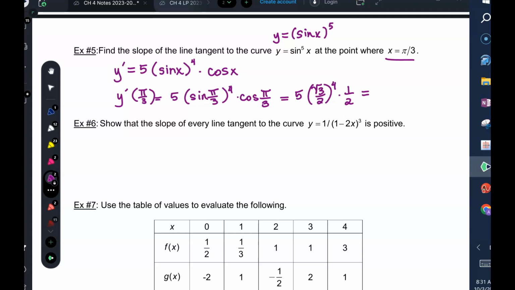What's root 3 to the fourth? 9. So 9 over 16. So when we multiply it out, it will be 45 over 32.